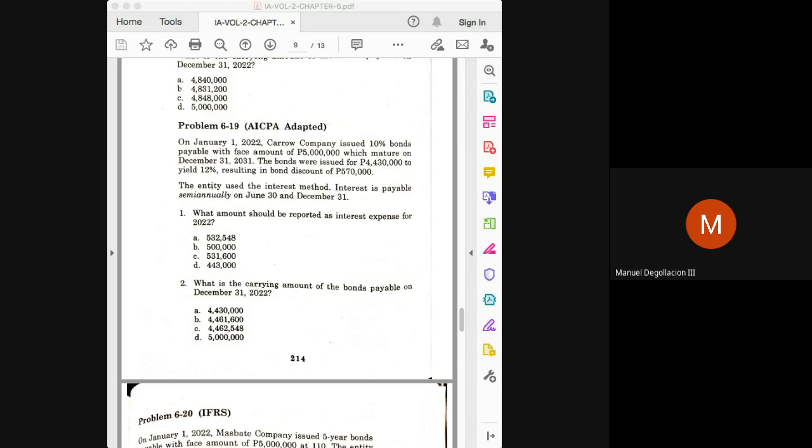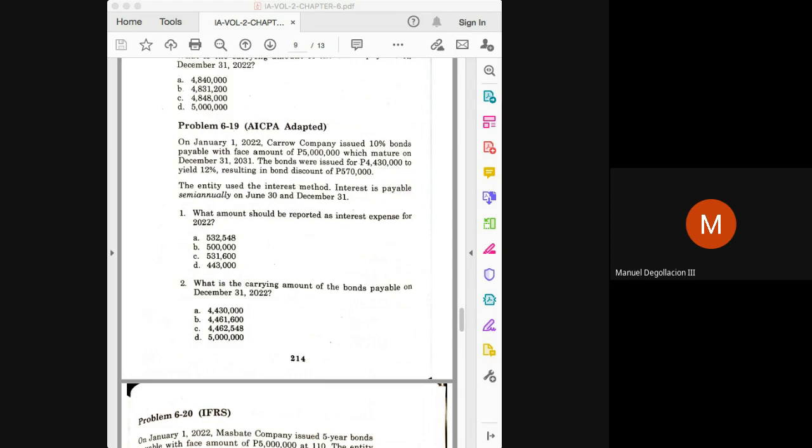The problem with the effective interest method is that your interest expense every period will not be the same. Your interest expense for the first 6 months would be different from the interest expense in the second semi-annual period, or the next 6 months, or the third 6 month period, or the fourth 6 month period.